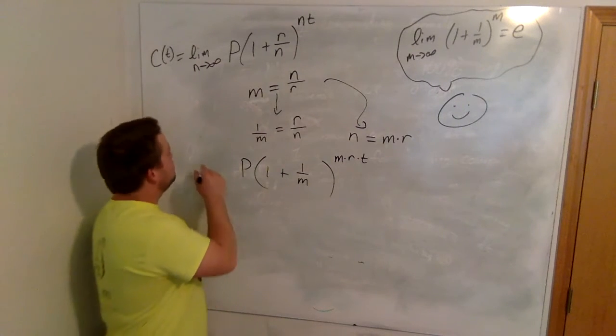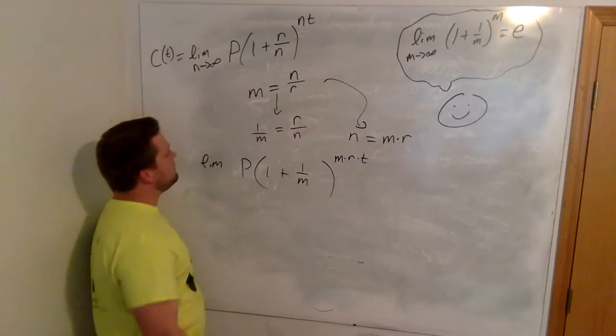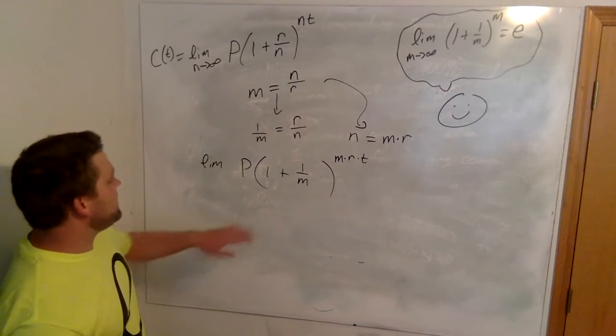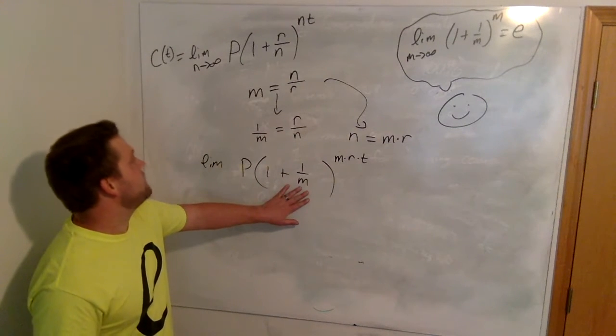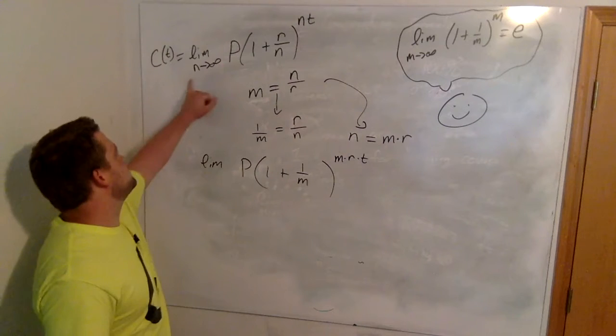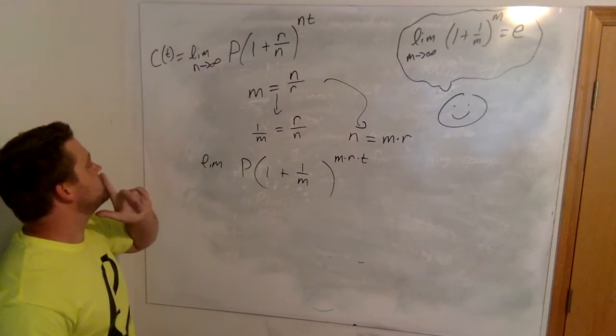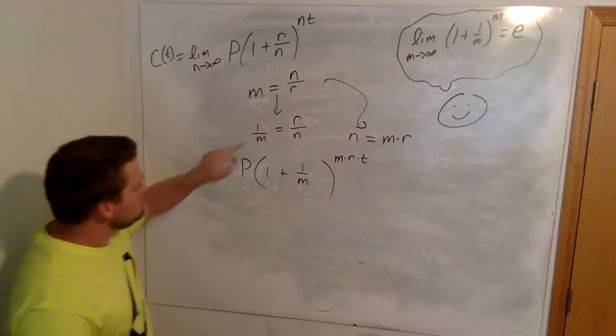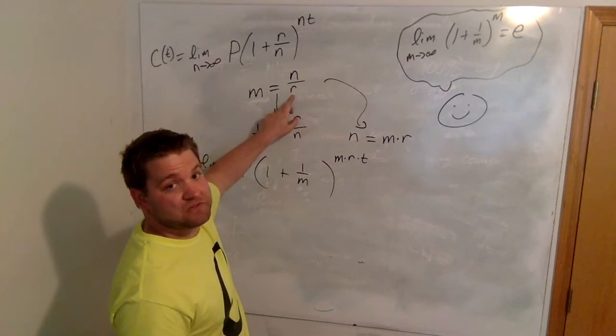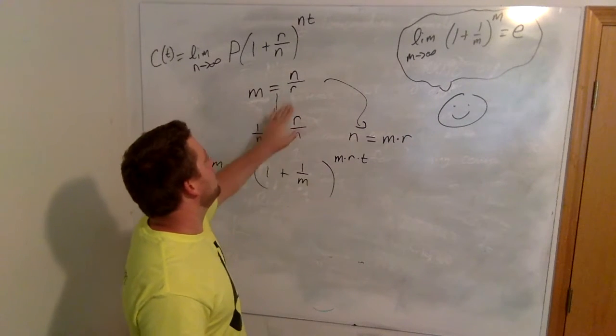Okay, so we're still going to have this limit, but let's think about what's happening here. Notice I have no more n's here, I only have m's, so I don't want to take the limit as n goes to infinity. Let's think about r being fixed here, for example, maybe r is 0.08.